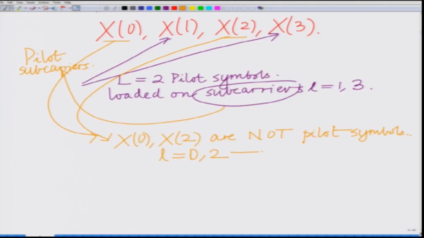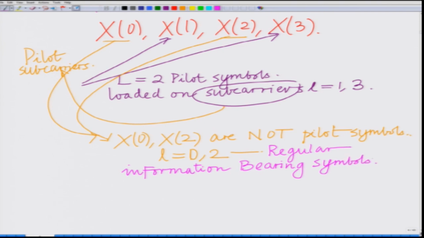These are your regular, normal information symbols, the information bearing symbols.